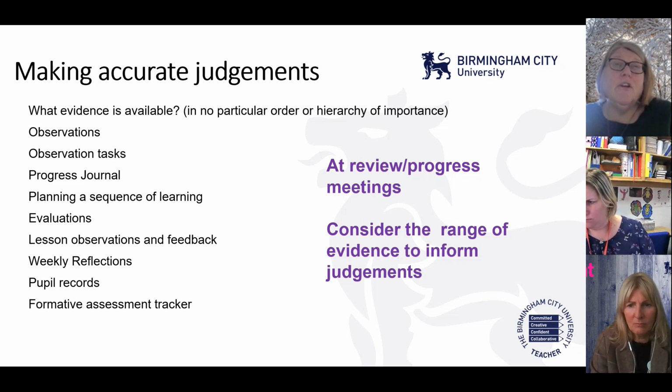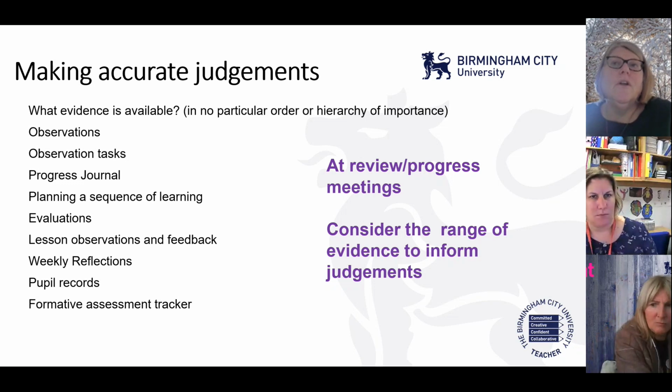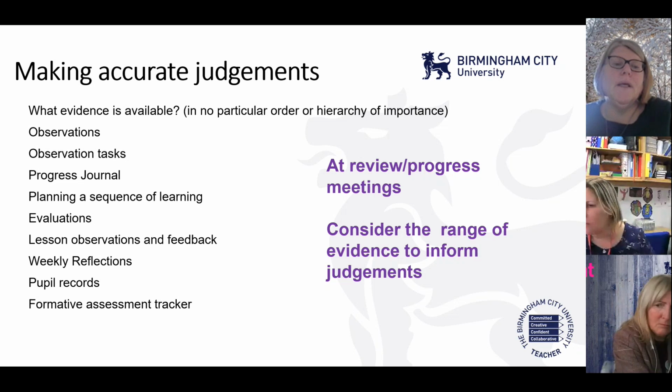Weekly reflections: you've got your weekly meetings, weekly conversations taking place, reviewing targets and then setting new targets, using that tracker to help focus those targets and what it is specifically we want them to work on the following week.